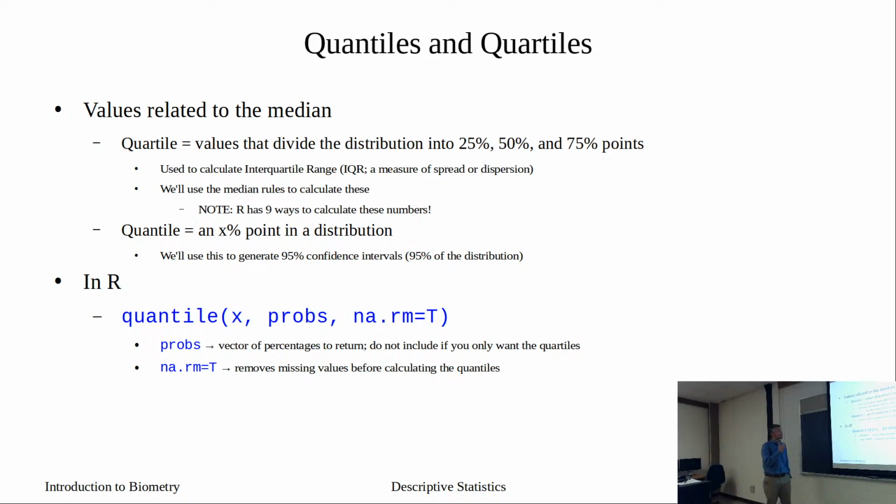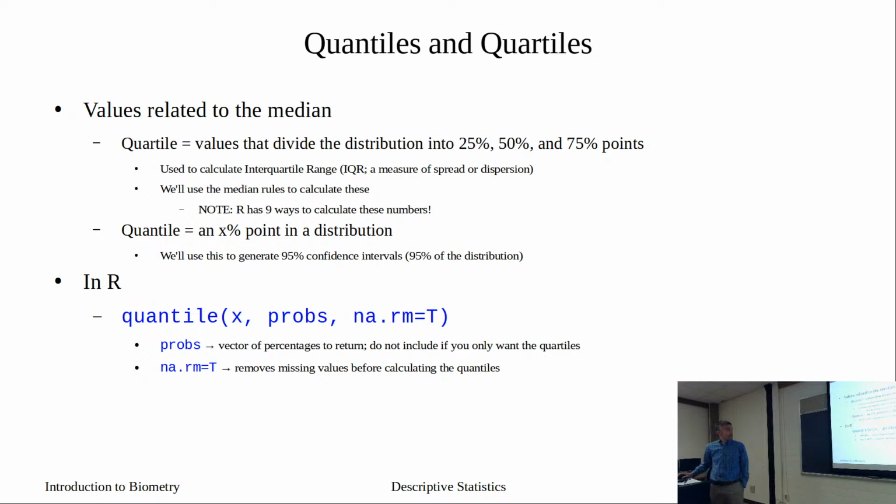The quartile is derived from our basic standard distribution. We're splitting things up into quarters. We've got the 25th percentile, which represents our first quartile. We've got our second quartile, which is between 25 and 50, our third, which is 50 to 75, and then our fourth, which is 75 to 100. So in theory, our fourth quartile should be the largest value that we have in our data set.